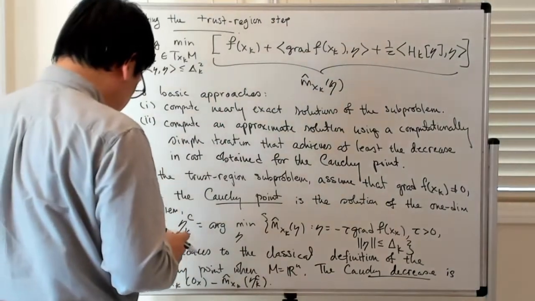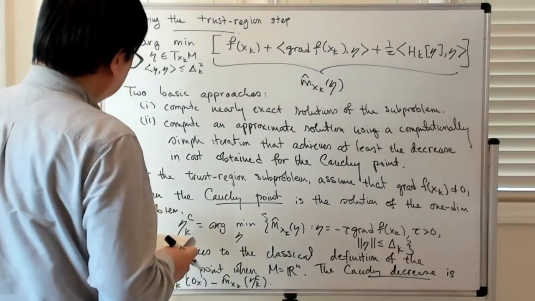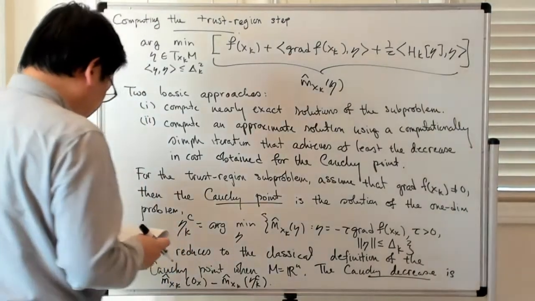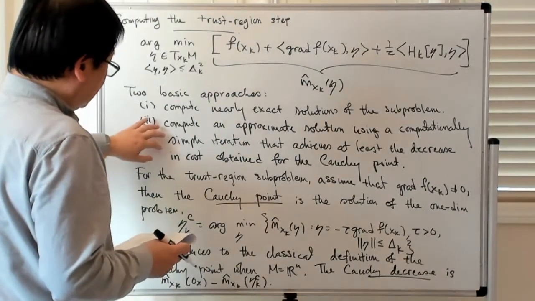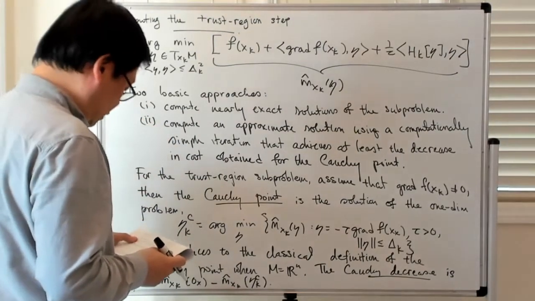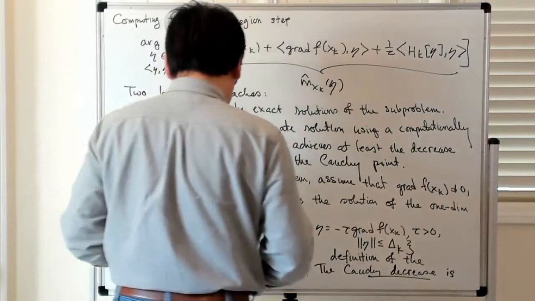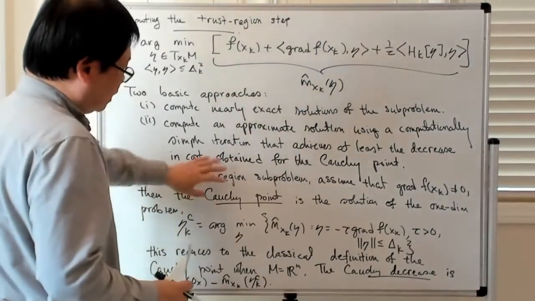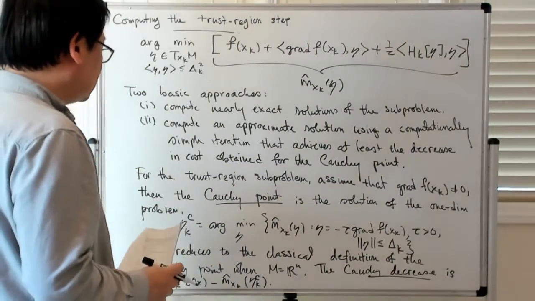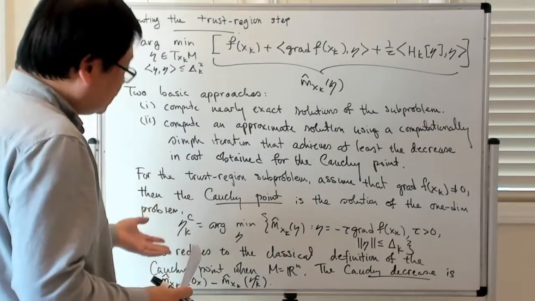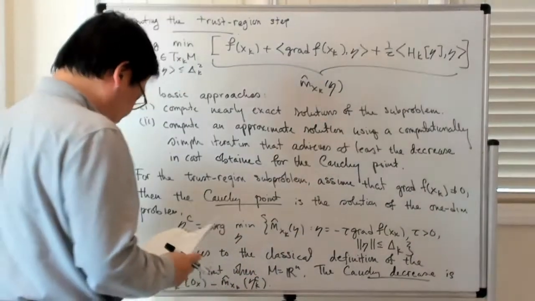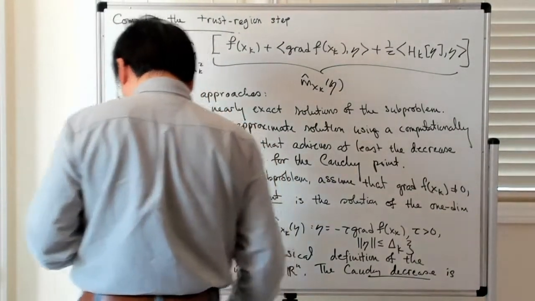So we'll talk about this first method before providing a second approach, which is based on essentially conjugate gradient. The second one involves again a computationally efficient method which does at least as well as the Cauchy point, but potentially better.